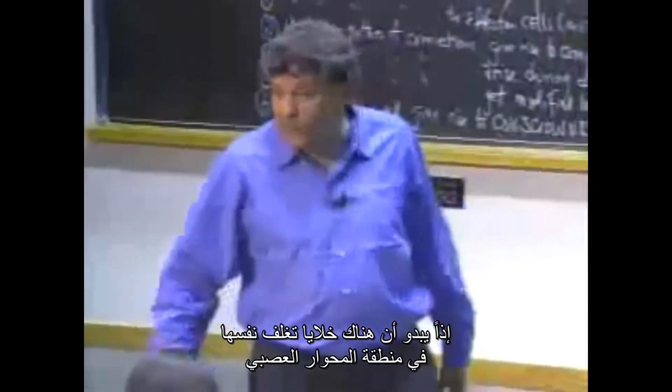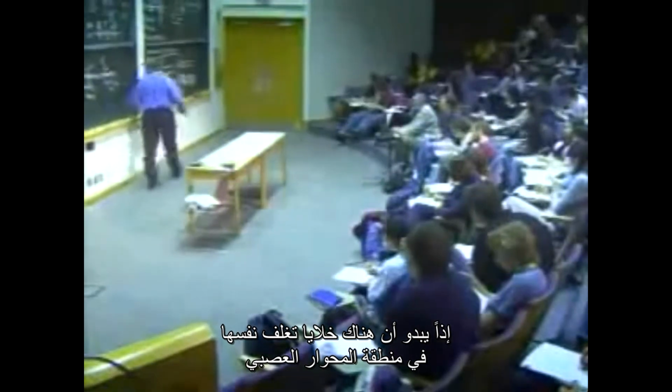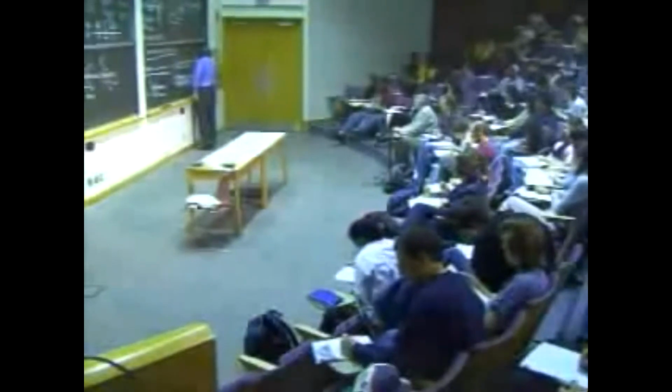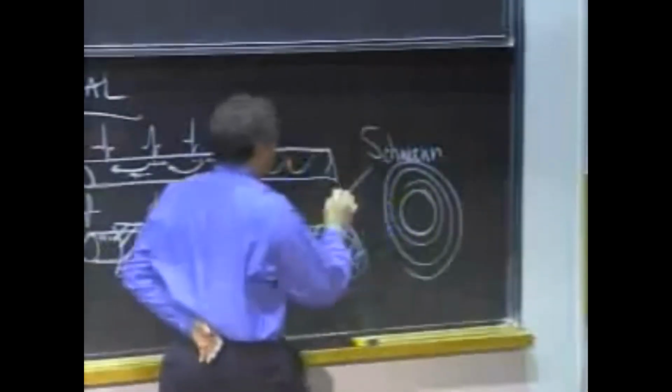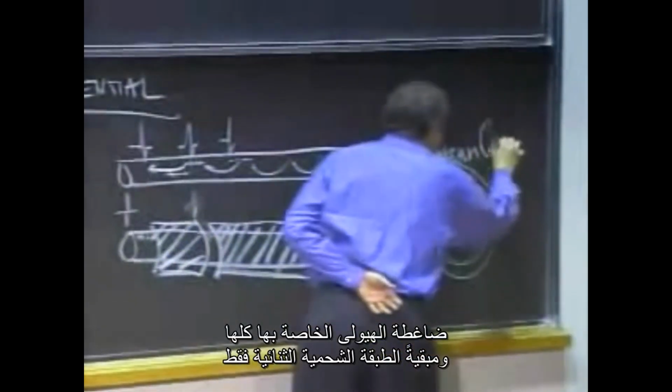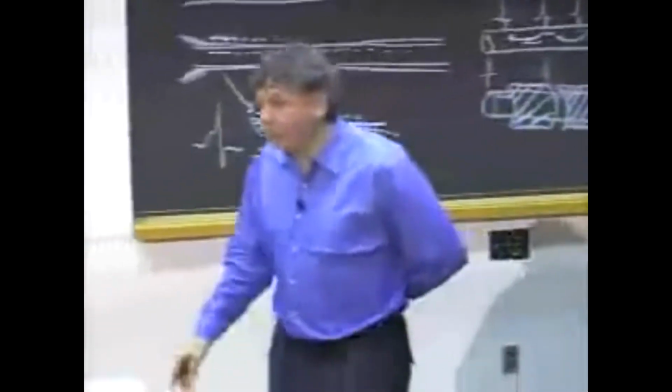So it turns out that there are special cells that wrap themselves around the axon. They're called Schwann cells. The Schwann cell wraps itself around and around and around and squeezes out all of its cytoplasm, leaving only a lipid bilayer.